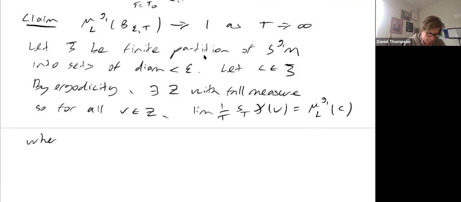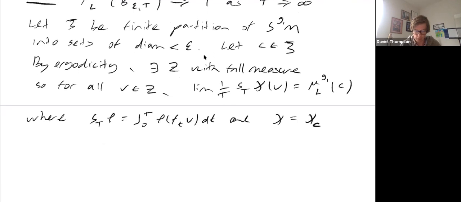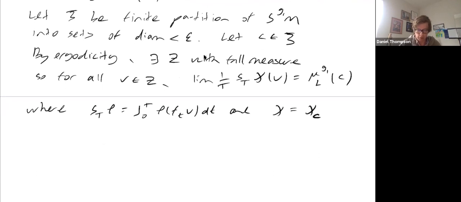Where S_T phi is going to be the sum, but we're doing continuous time, so it's going to be an integral, and chi is going to be the characteristic function of this set C. Okay. So just the ergodic theorem applied to that function.